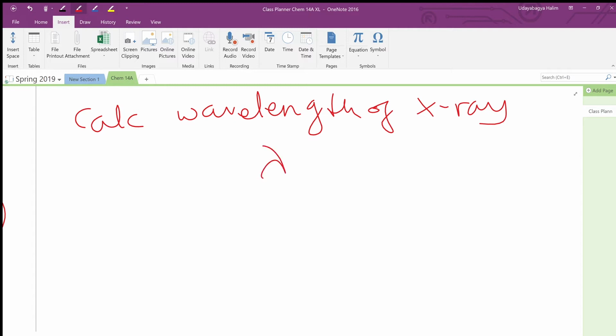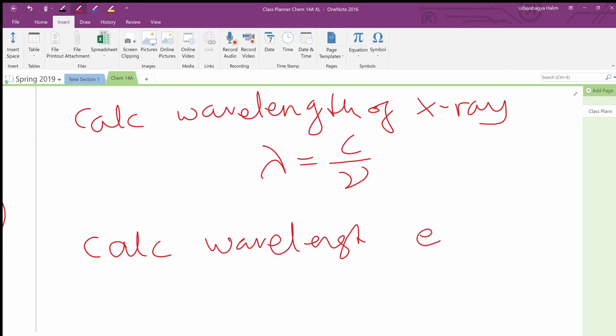The photon one, so lambda is c over the frequency. If I were to ask you to calculate the wavelength of an electron, then you want to use lambda equals h/mv. Right? So do make the distinction between the two. If it's not a photon, use the de Broglie wavelength. Essentially the tips.